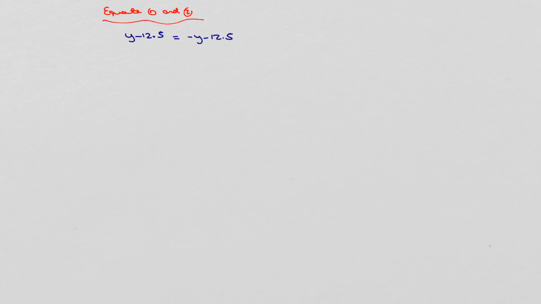So by bringing all the y's to the left-hand side, well, what does that give me? It gives me 2y is equal to 0. So in other words, y is 0. So then if I sub y into equation 1, well, what does that give me?